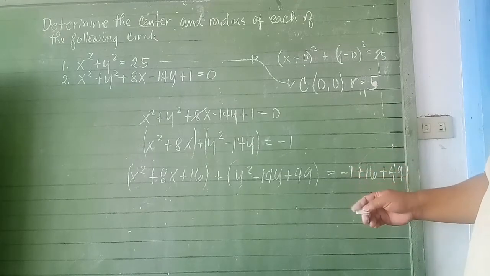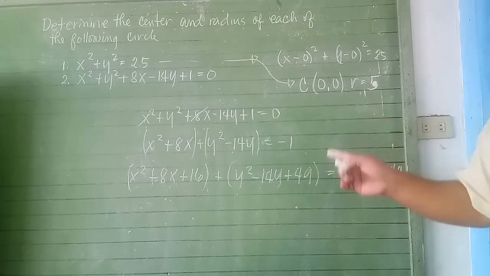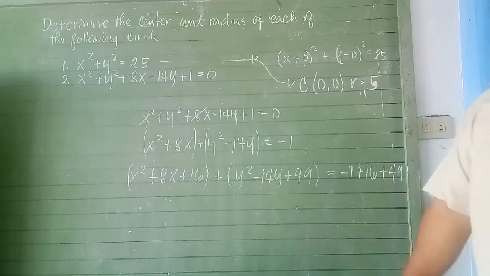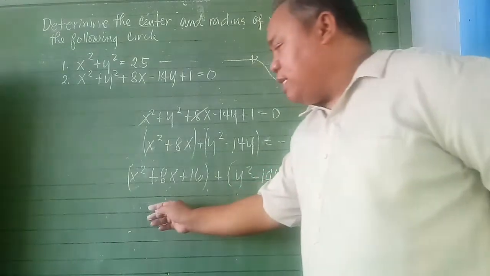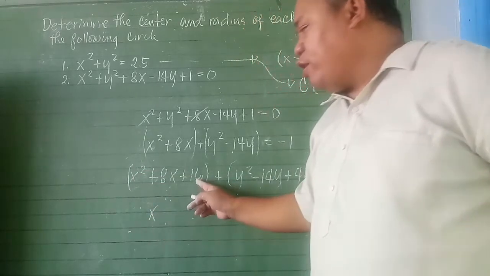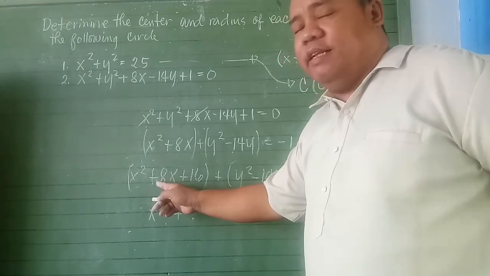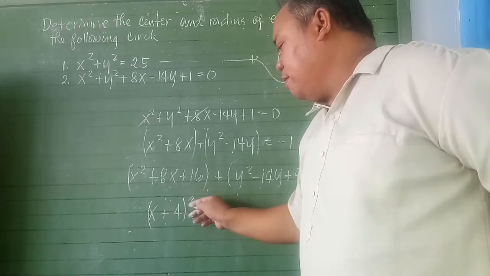Now after we have done the completing the square, we're going to express the x group and y group as what we call the square of a binomial. How do we express this as a square of a binomial? The square root of x squared is x, the square root of 16 is 4, and the sign of the middle term is positive, and then squared.